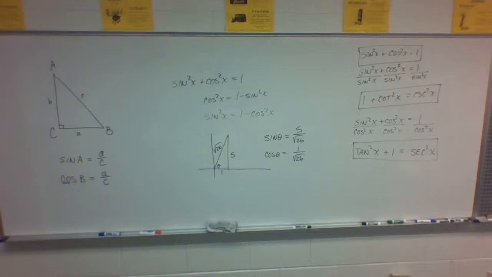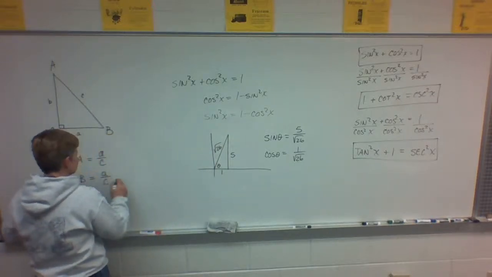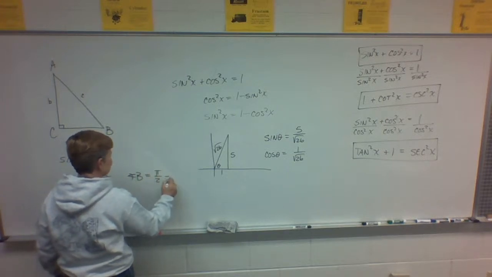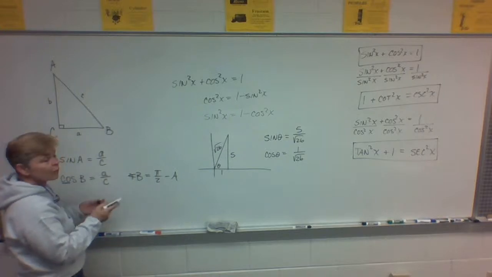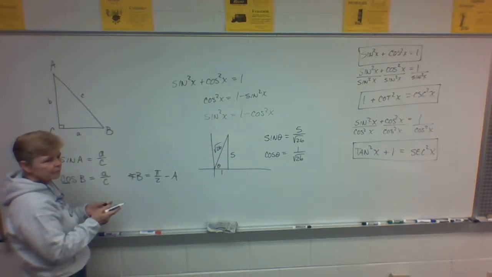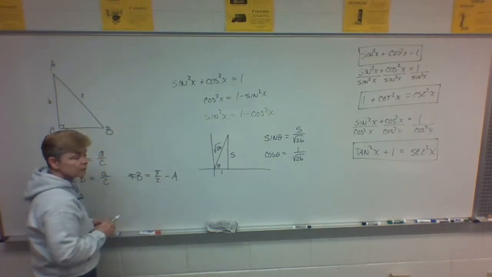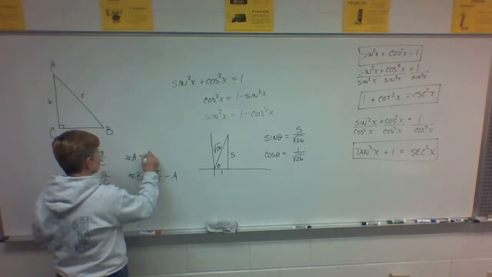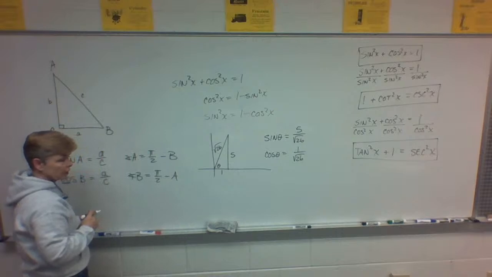Let's do just a little more. I could say that angle B is equal to pi halves minus A, couldn't I? If I'm going with radians, pi halves is 90 degrees. So angle B is equal to 90 degrees minus whatever A is, right? And angle A is equal to pi halves minus B, right?